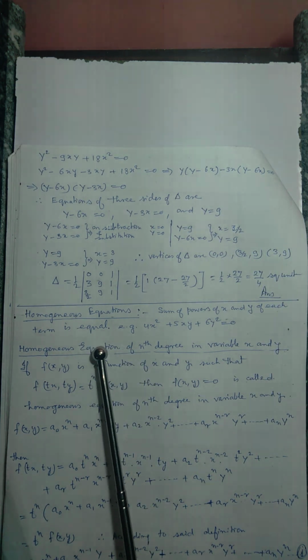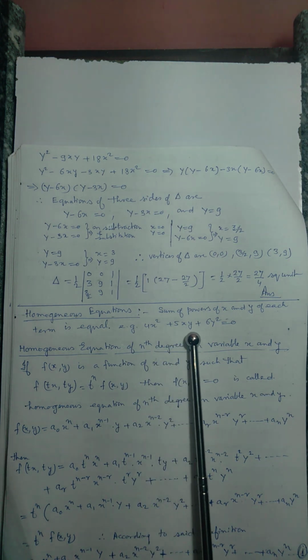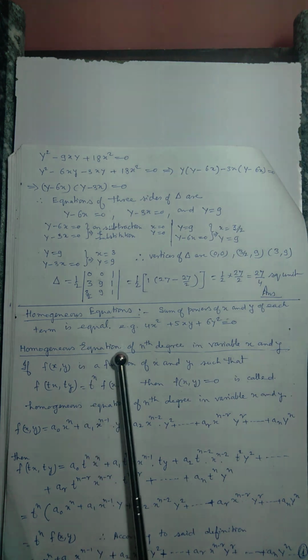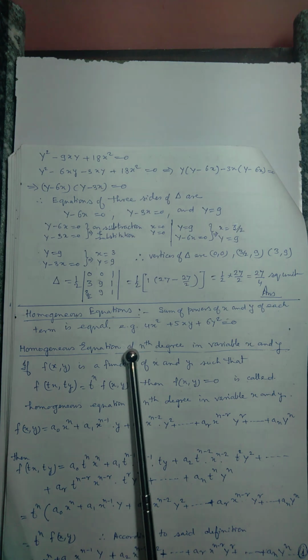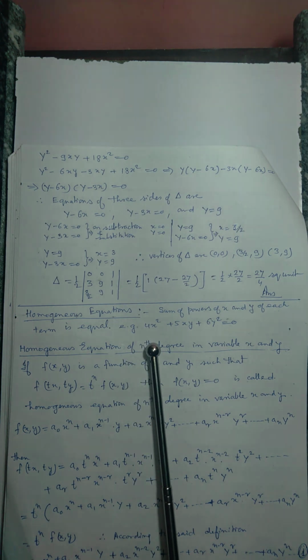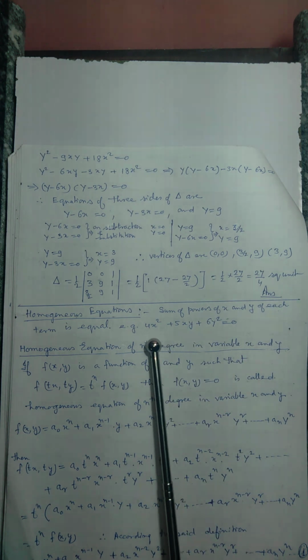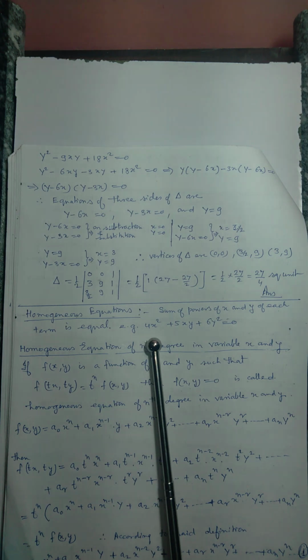Now proceed to the homogeneous equation. In a homogeneous equation, the sum of the degree or power of x and y in each term is equal. For example, 4x square plus 5xy plus 9y square is equal to 0. Here you see the degree of 4x square is 2.